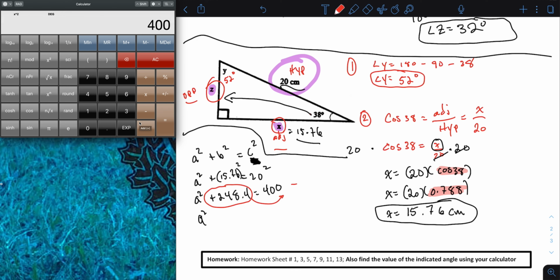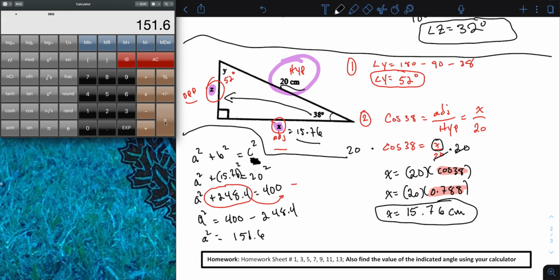So a squared is going to equal 400 minus 248.4, which is 151.6.